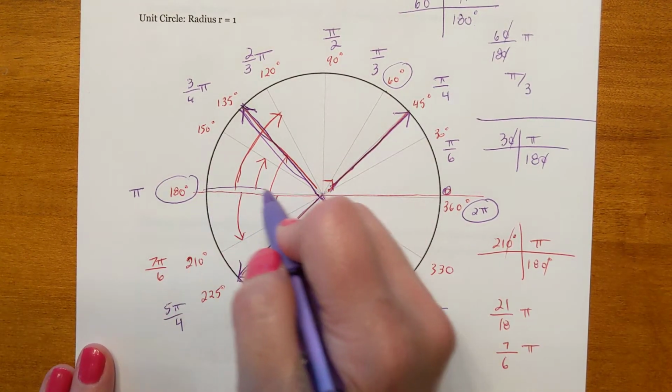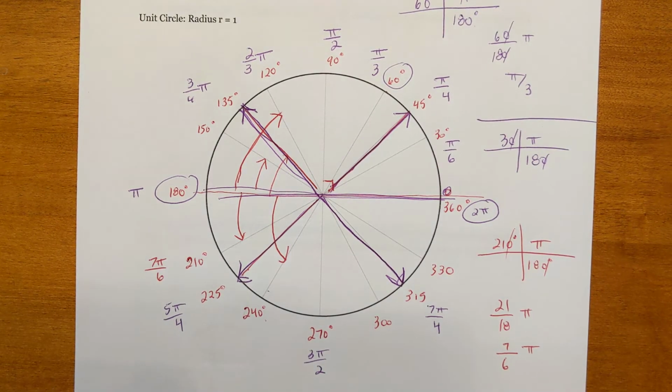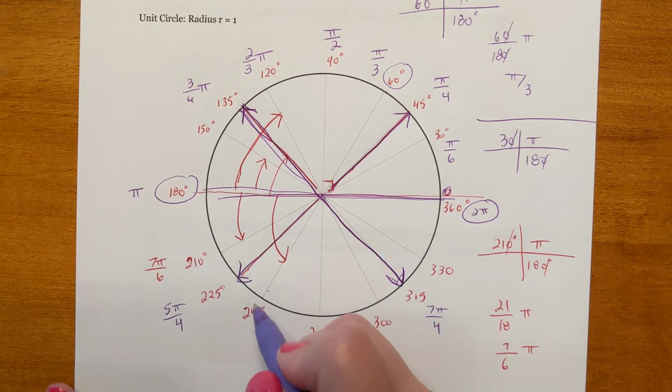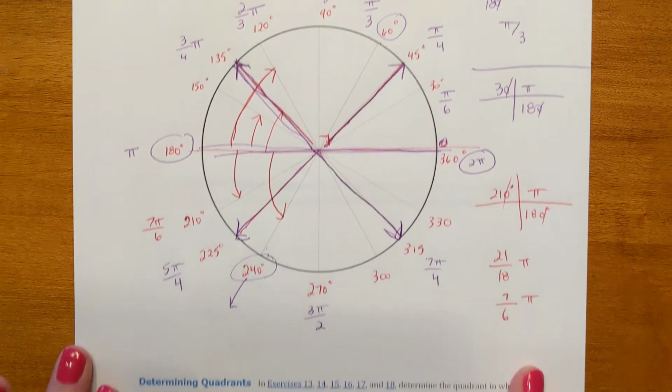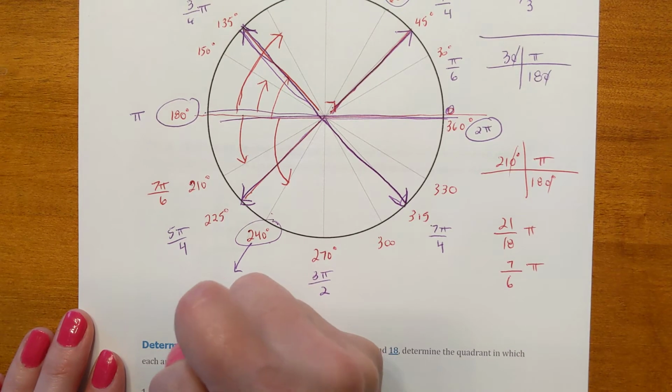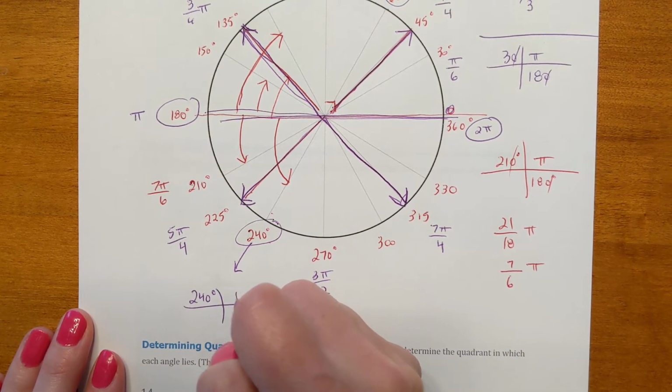Again, you think about the angles and how far they are away from the x-axis, and that tells you how big the angles are. And we're going to talk about that more. I'm just trying to get it in your mind right now. If you just change the 240 though, we'll do it again here. If you want to change 240 and not think about it, so 240 degrees, you got 180 here and then pi.